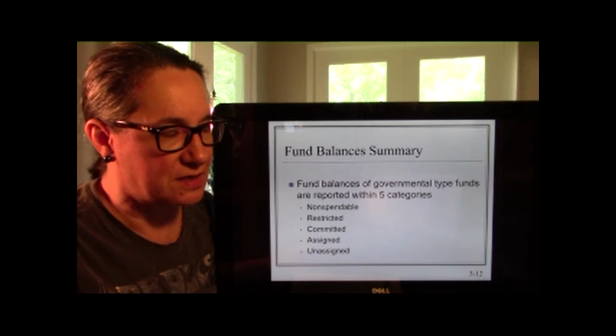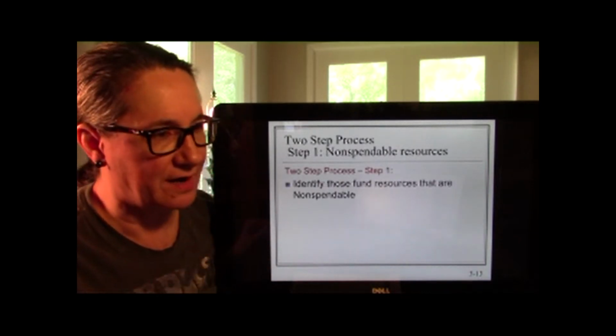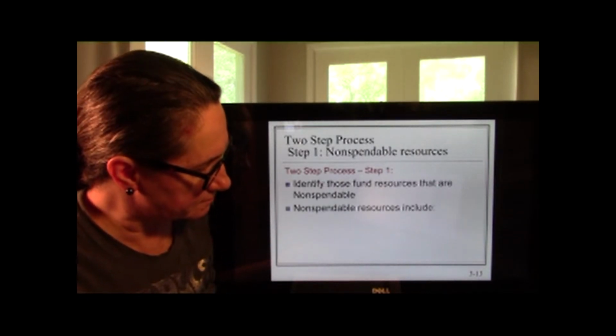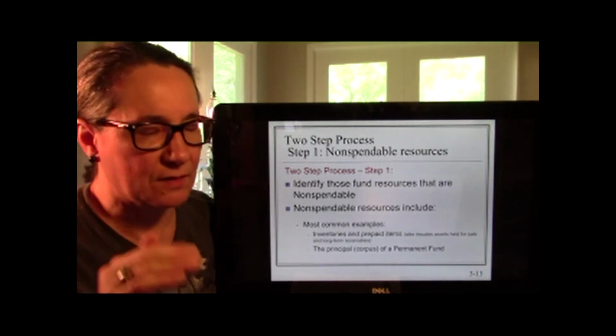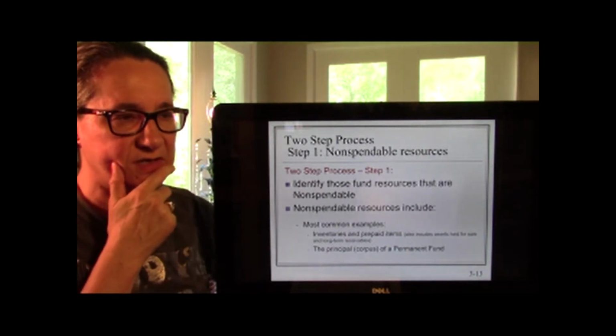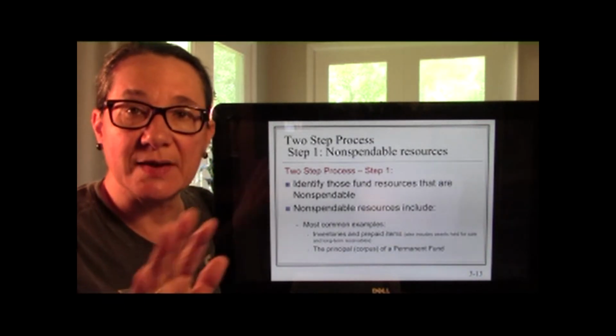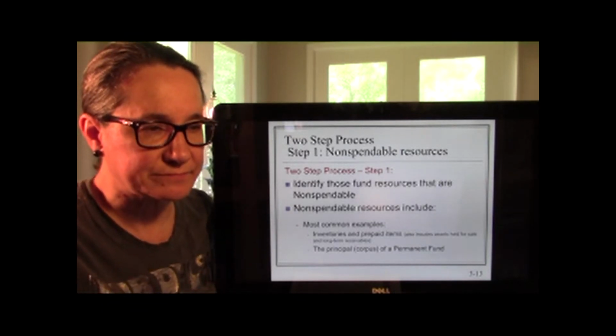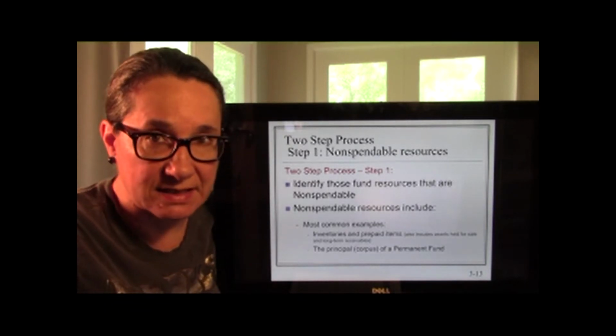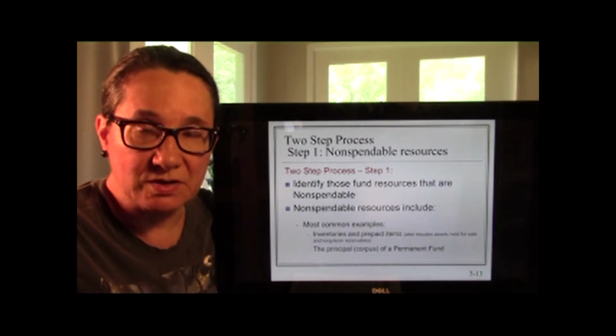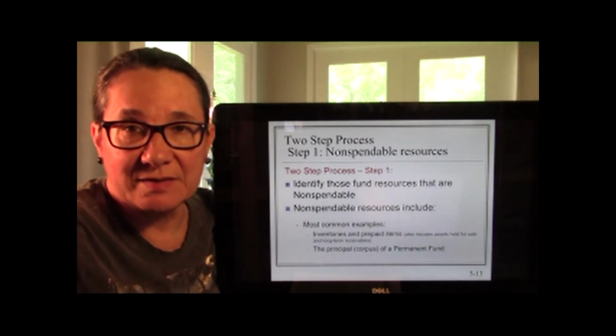All right, so the first thing you have to do to figure out what category something goes in is, is it even spendable? Some assets on the books can't even be converted to cash.